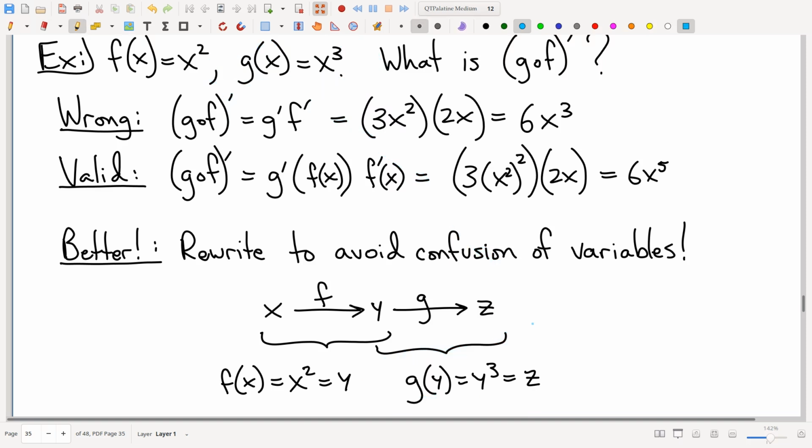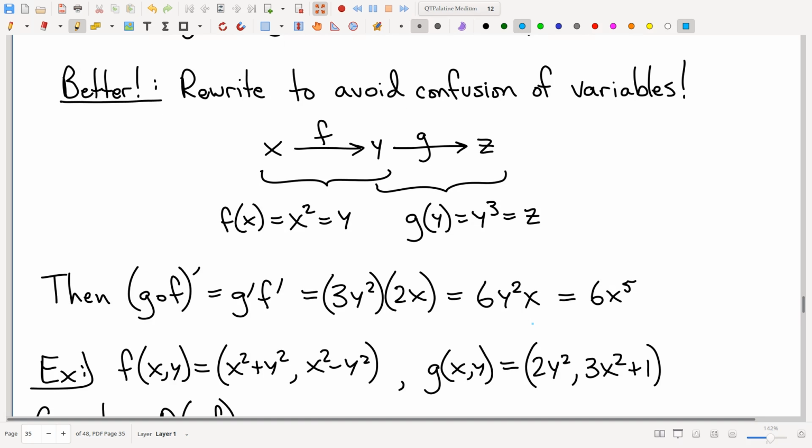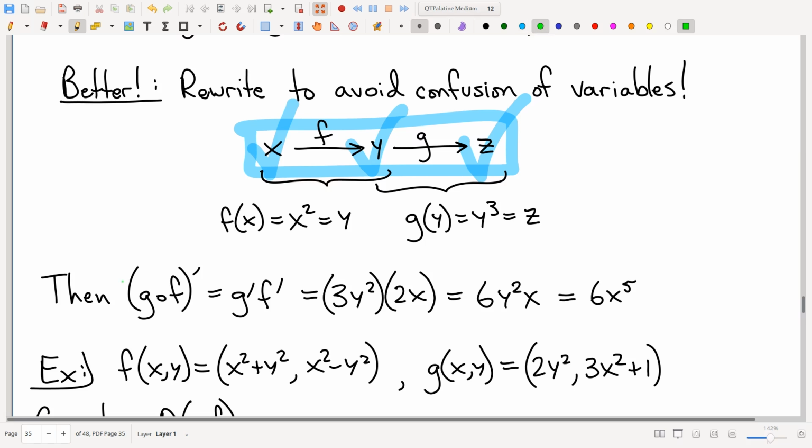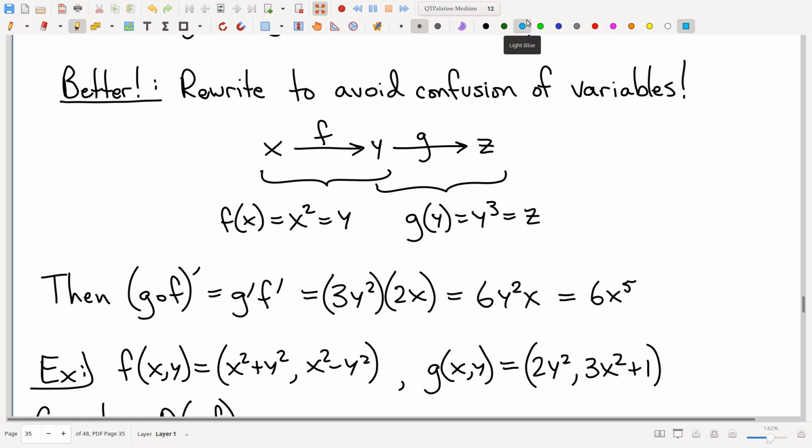But what's nice about this is now I have a diagram that makes everything easy. I have three distinctly named variables like this. And I can play fast and loose with the chain rule by writing it like this. Those derivatives are easy to compute. And then you don't even have to remember to plug in. How do I know I need to plug in for what this y is?